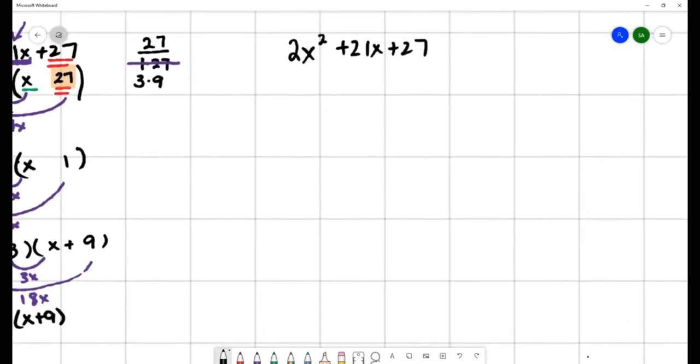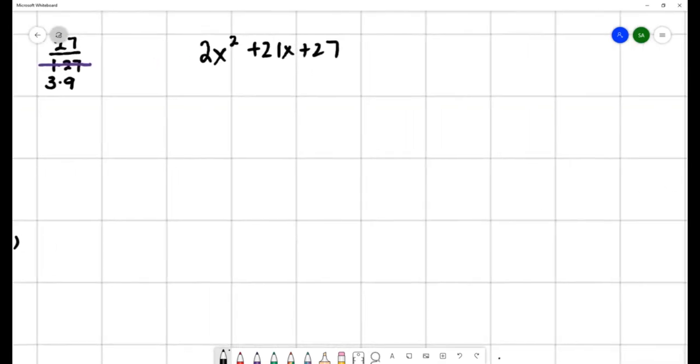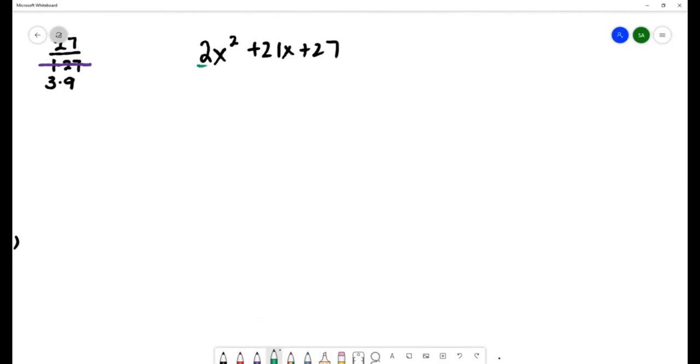But what you do in this method is you multiply the 2 and the 27 together. So you do 2 times 27, and that is 54. And then you're going to look for two numbers that multiply to be 54 and that add to be 21. So I'm going to write down the factors of 54, because the factors of 54 are going to be two numbers that multiply to be 54.